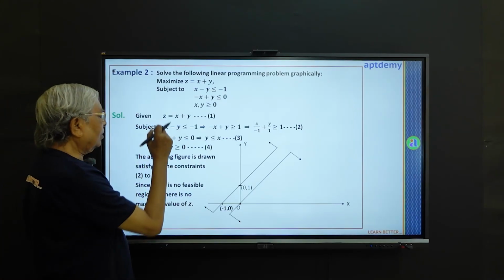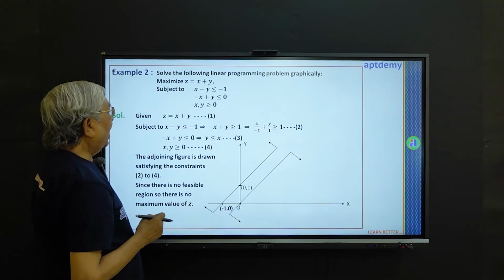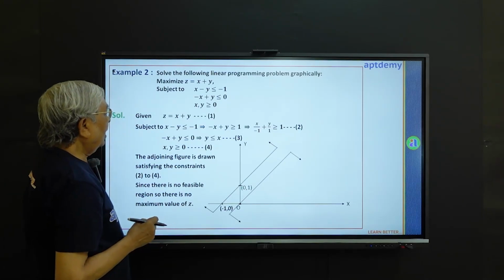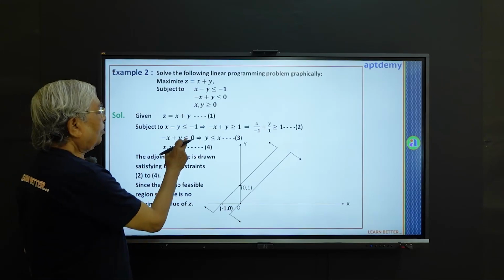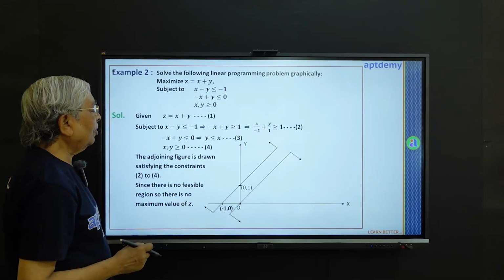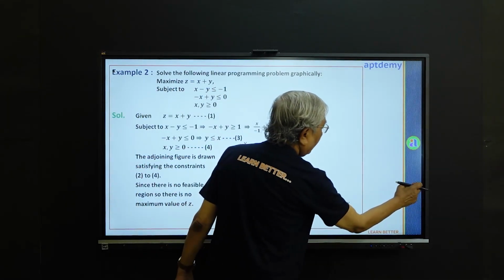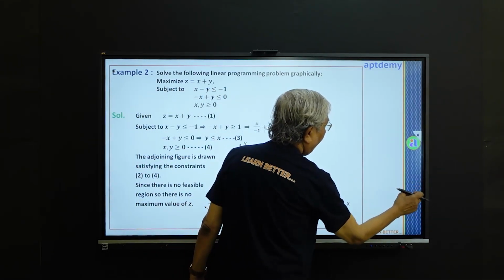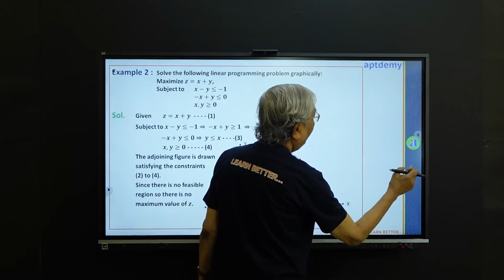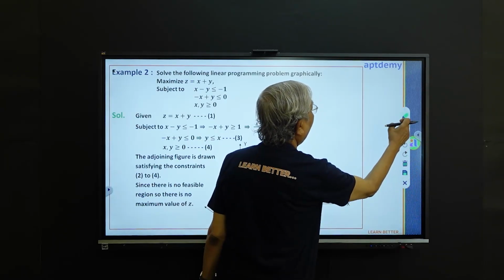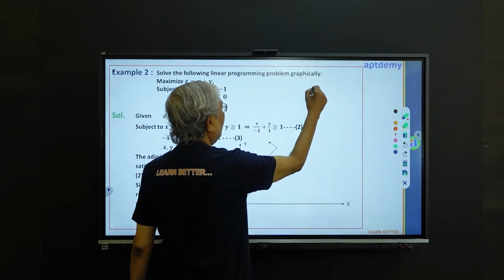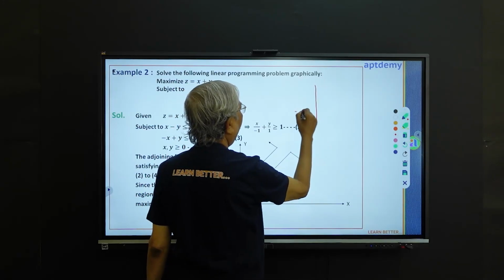Now the second one is minus x plus y less or equal to 0. From this you can write y less or equal to x. Now what do you mean by the straight line y equal to x? Suppose we have a line y equal to x.